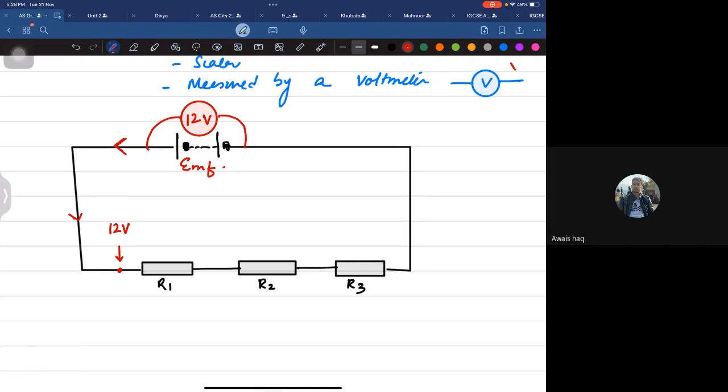Now, suppose that out of 12, this resistor uses the energy or transforms the energy to other forms by 2 volts. So that means at this point, the potential that is left with the charges would be 10 volts.